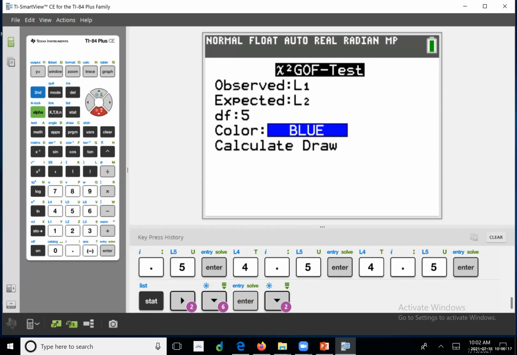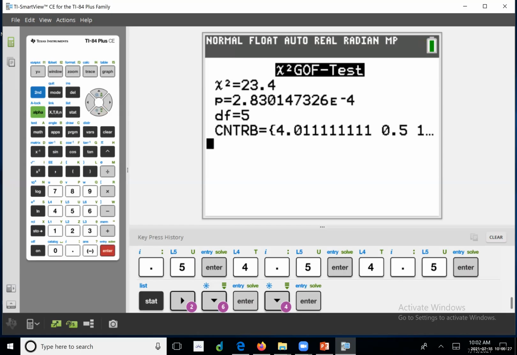Observe the L1, L2. Degree of freedom again is 5 because you still have 6 categories of rolling dice, one less, it's 5. And that's a very small p-value.